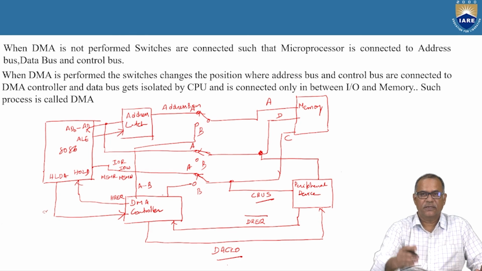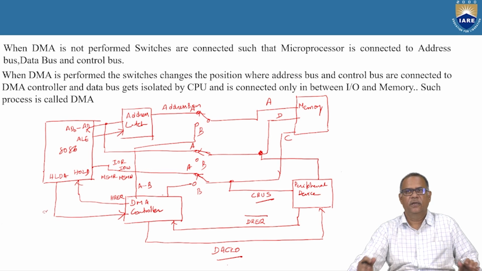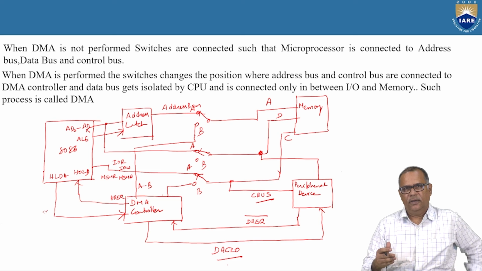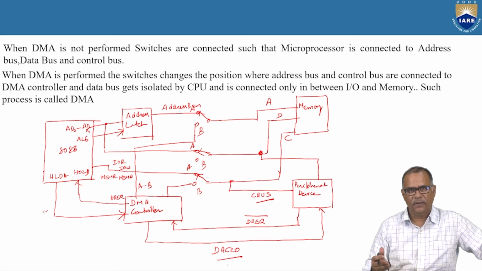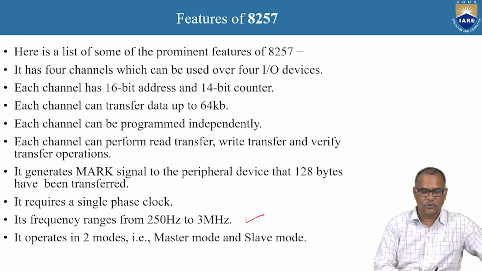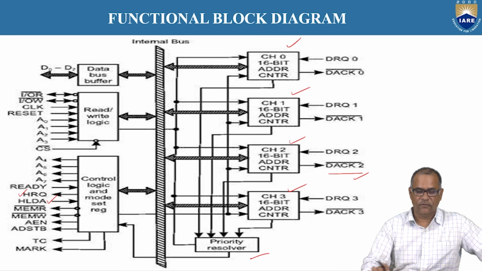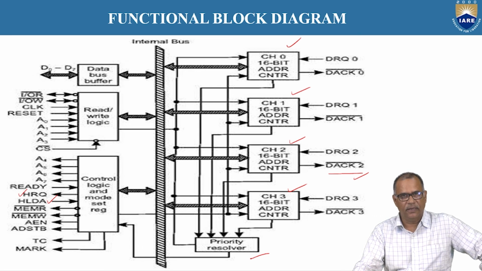All these switches fall back to the B position, and the peripheral device and memory come in direct contact for the DMA process.